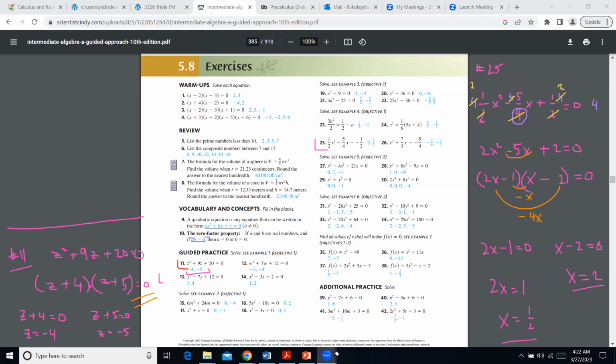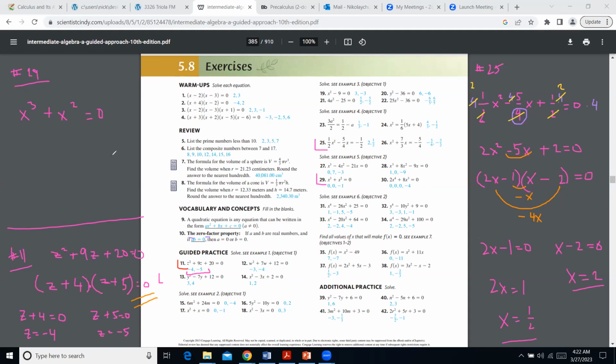So there are not lots of exercises here, so let me try problem number 29, and I just try to write this as x cubed plus x squared, which is equal to 0.